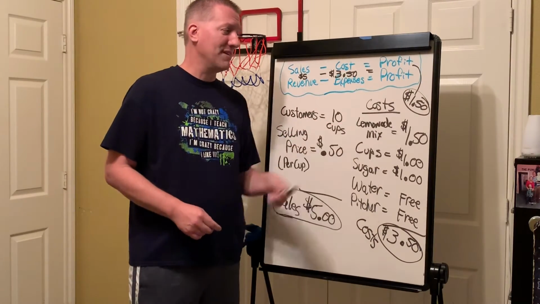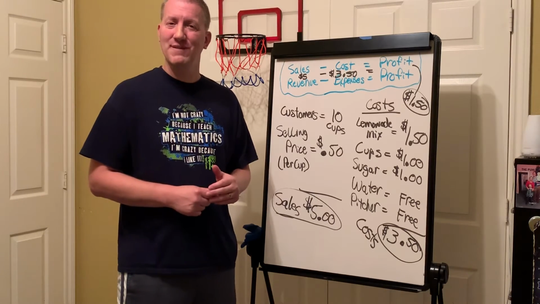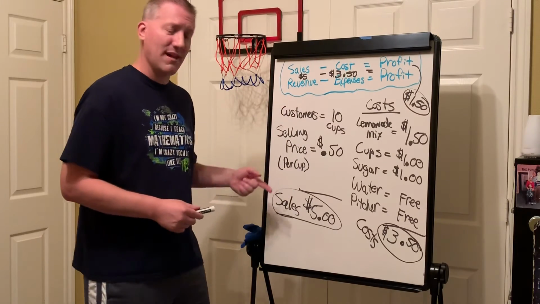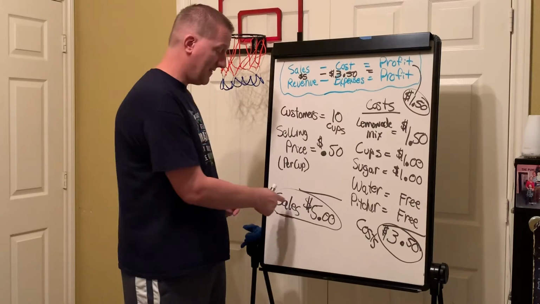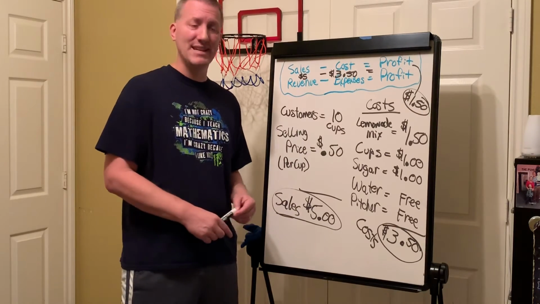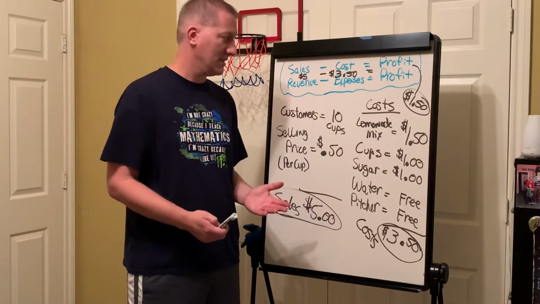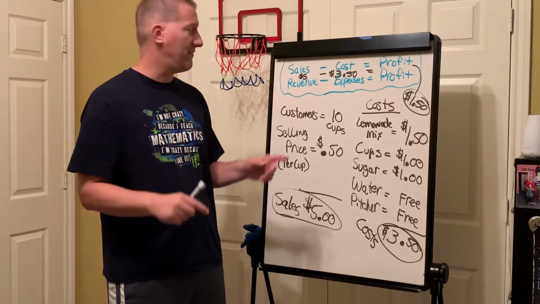So your profit was actually just $1.50. This is an example on finding profit. Profit is different than your sales. You can't say, well, gee, I made $5. No, you didn't. That was your sales.